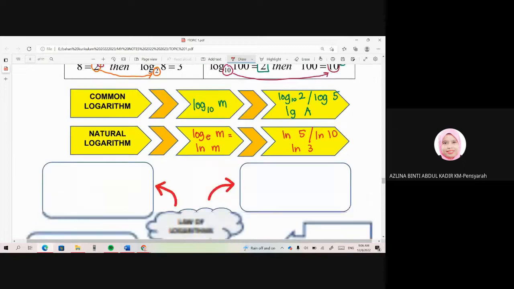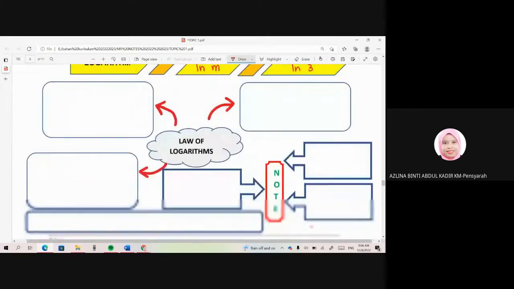Okay, next part is the law of logarithm. You must remember and memorize. The first law of logarithm is log of m times n, multiplication.